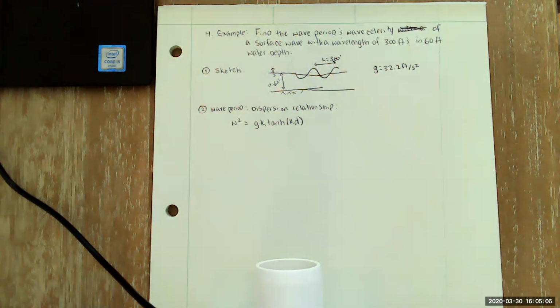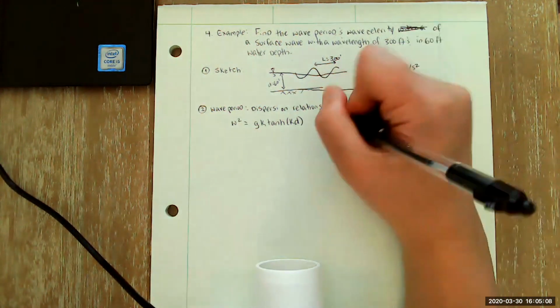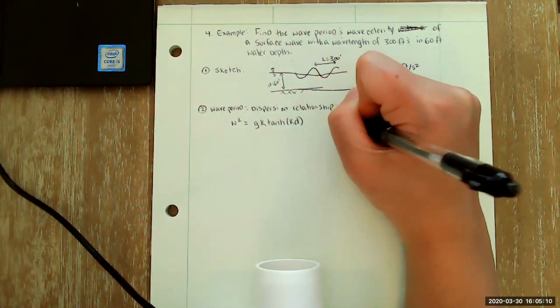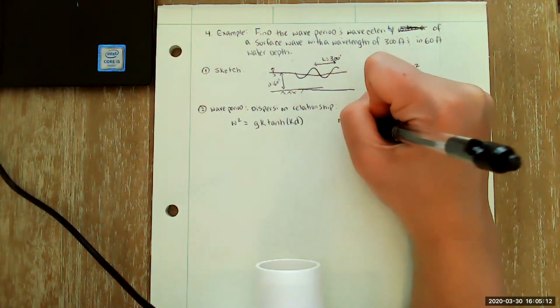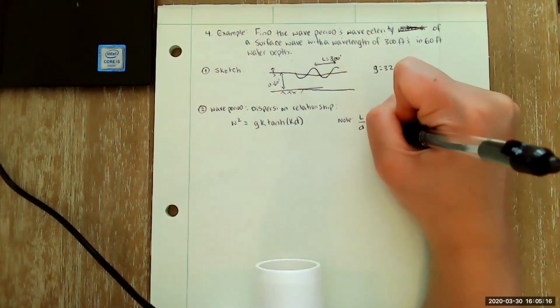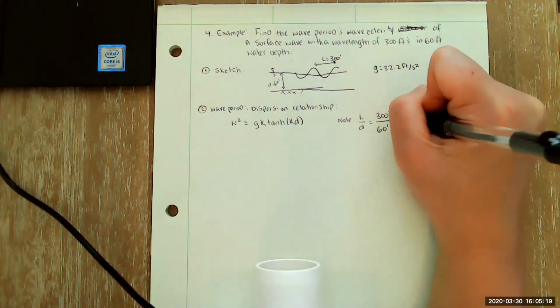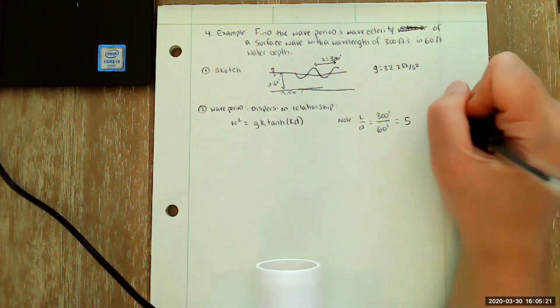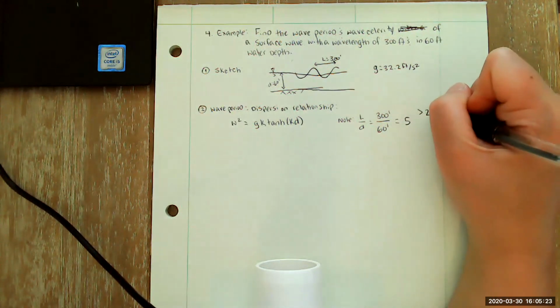Knowing that, we can check if we can simplify. So we can say, note that L divided by D is equal to 300 feet divided by 60 feet, which is equal to 5. Unfortunately, it's greater than 2, so it's not in deep water.